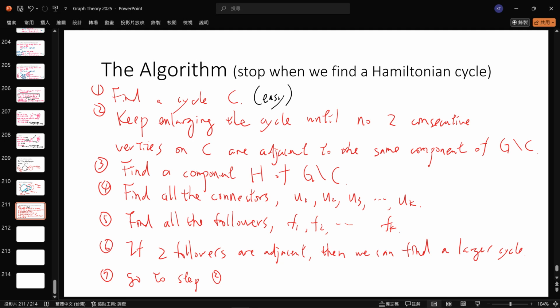Step 2 to step 5, we can always do these steps. So the only question is step 6. We want to find 2 adjacent followers, so we want to know under what conditions we can have adjacent followers.